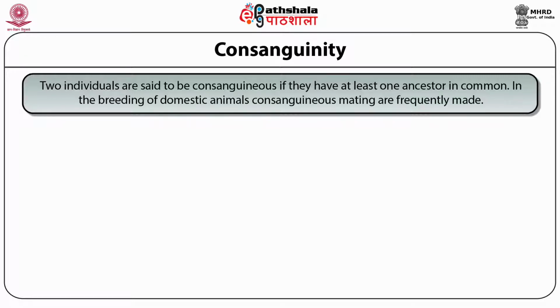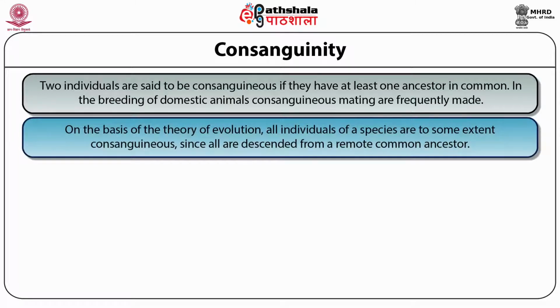On the basis of the theory of evolution, all individuals of a species are to some extent consanguineous, since all are descended from a remote common ancestor.